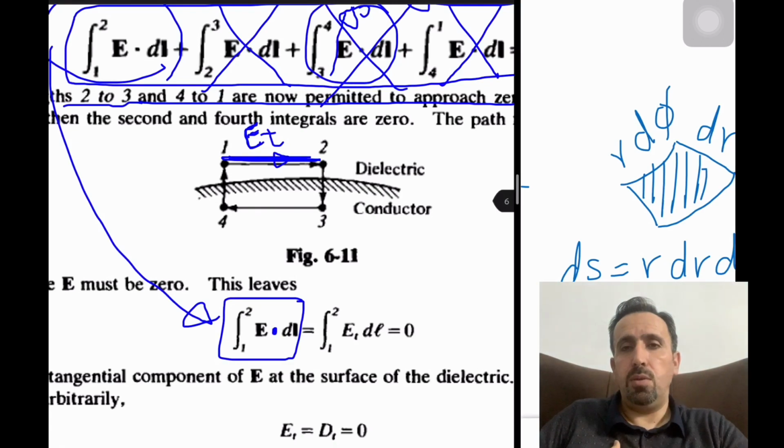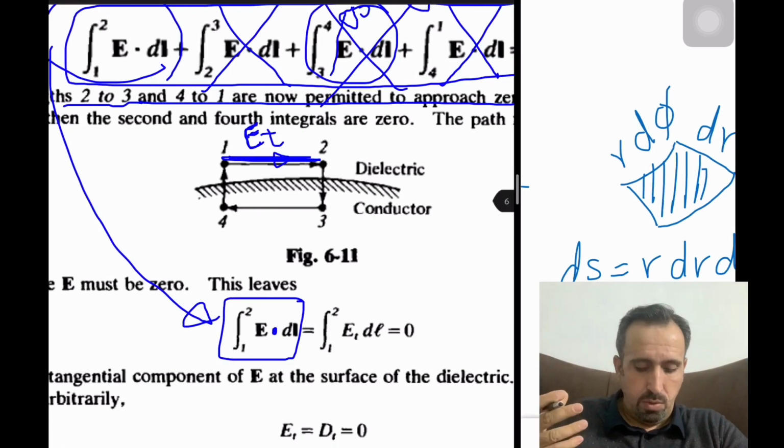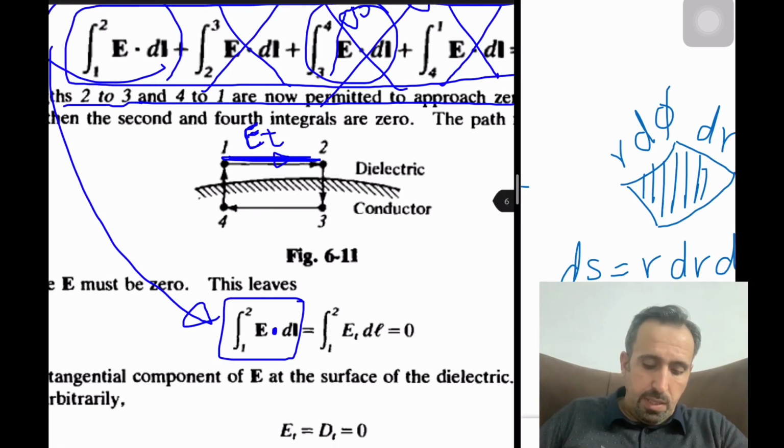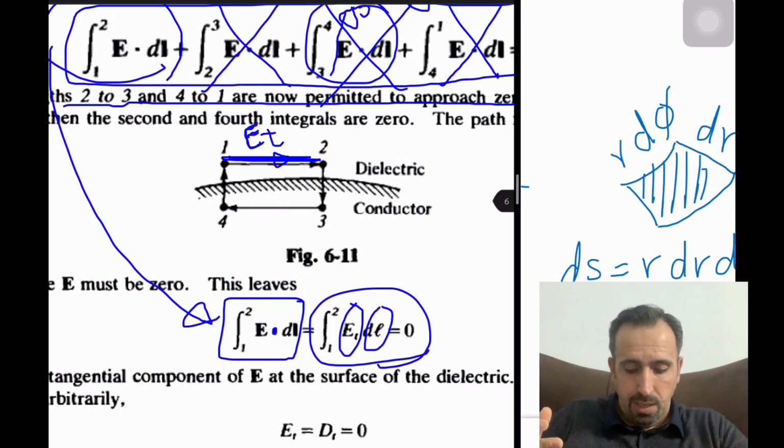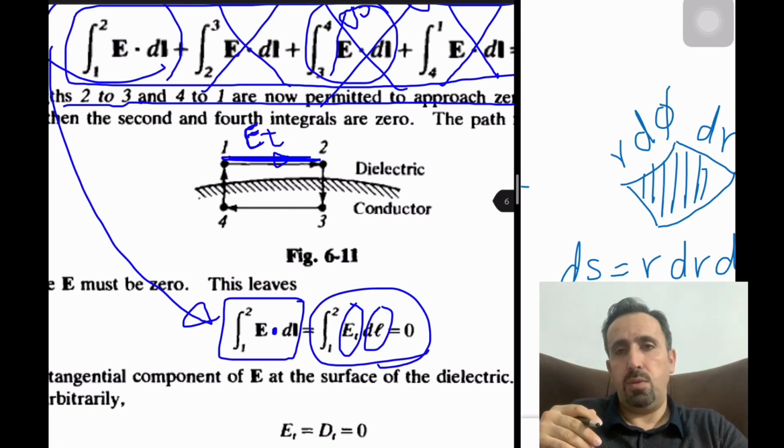Originally the equation, we know that it is equal to 0. Now it is time to conclude something. If you examine the resultant equation, what makes it equal to 0? Does dl equal 0 or does E tangential equal 0?